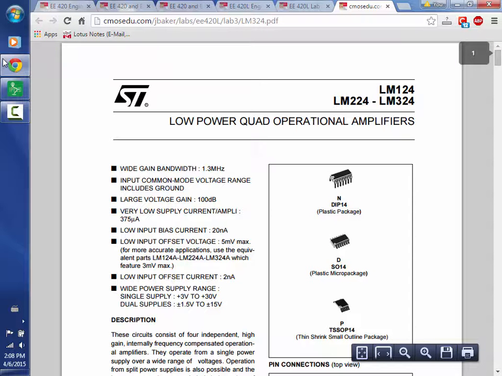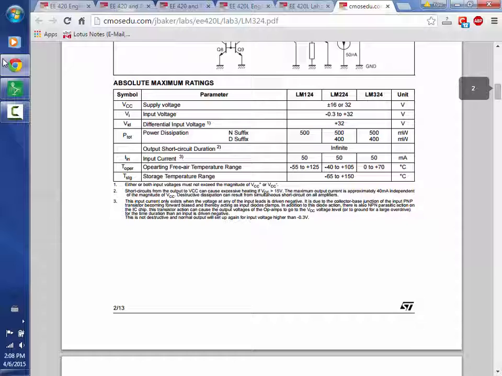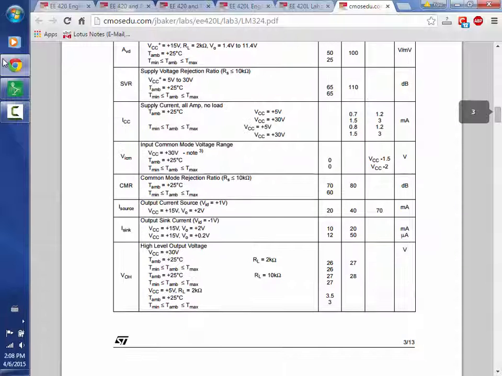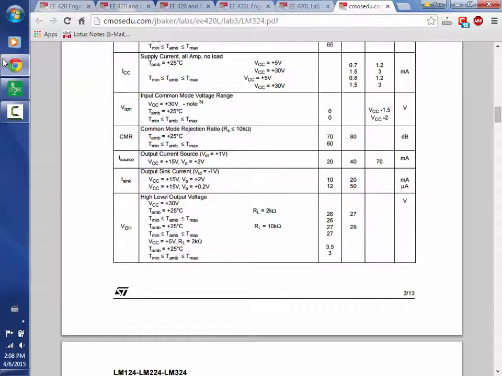We used the LM386, but it was a different data sheet. Okay. Alright, let's go look at this one. Common mode range. What is that? No, they didn't use CMRR. That's a typo. But here you see there it goes up to 80 dB.